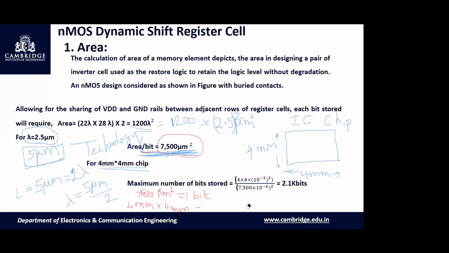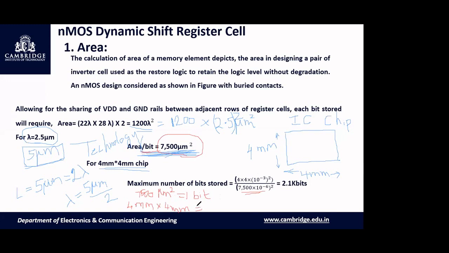So now, can you calculate and tell me how much you may get? Cross multiply. 4 mm into 4 mm into 1 bit divided by 7,500 micrometer square. So that's what I have done here. 4 into 4 millimeter square; milli means 10 to the power of minus 3.